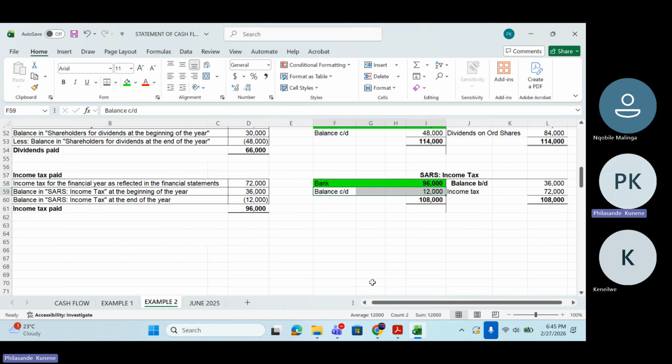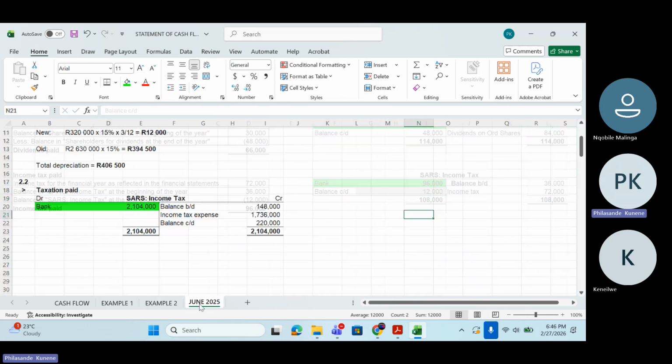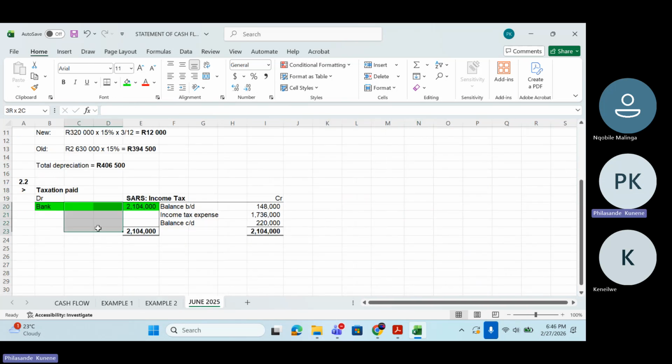Because both of them, they are sitting under payables. But if the other one is sitting under payables and then the other one is sitting under receivables, because this is receivables, this is payables, you see? Both of them, they will be on the same side. It's either both of them will be on a debit side, or both of them will be on the credit side.